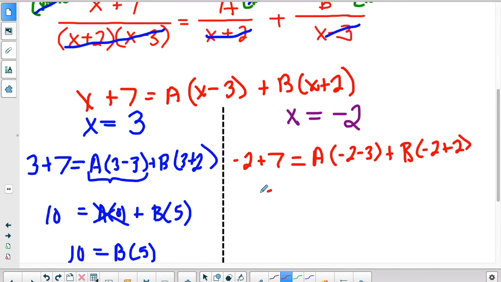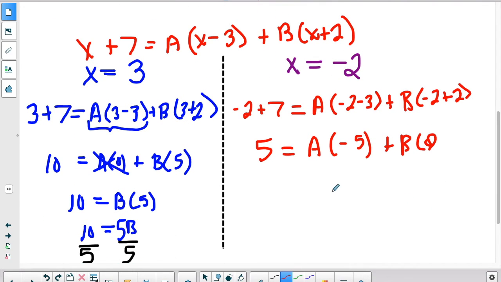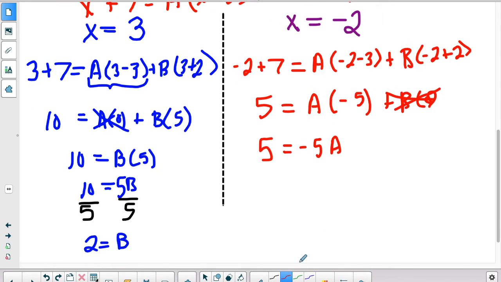Well, negative 2 plus 7 gives us 5 is equal to a times negative 5 plus b times 0. Again, this right here is going to cancel out completely, leaving me with 5 is equal to negative 5a. Just like what we did with the other one, we're going to divide by negative 5 to get a by itself. And I get negative 1 is equal to a.